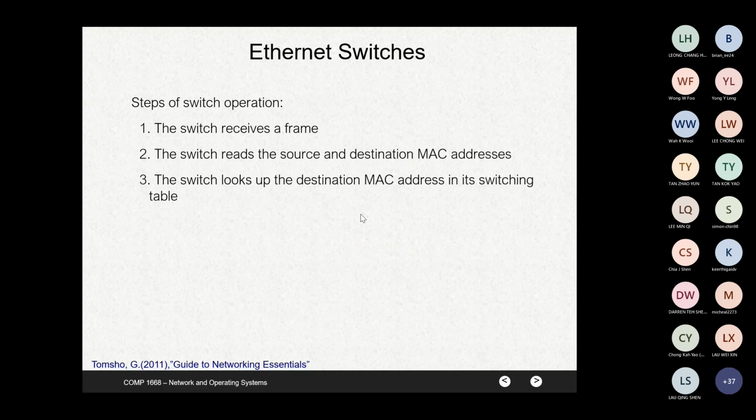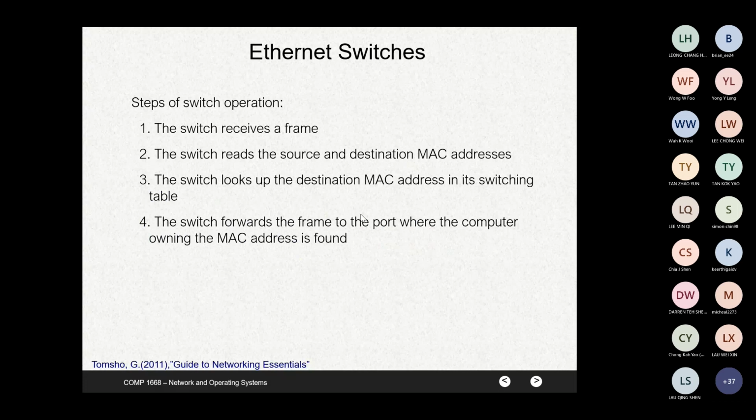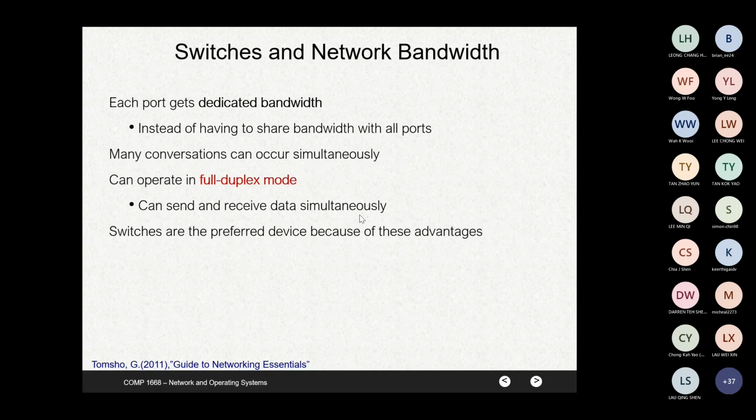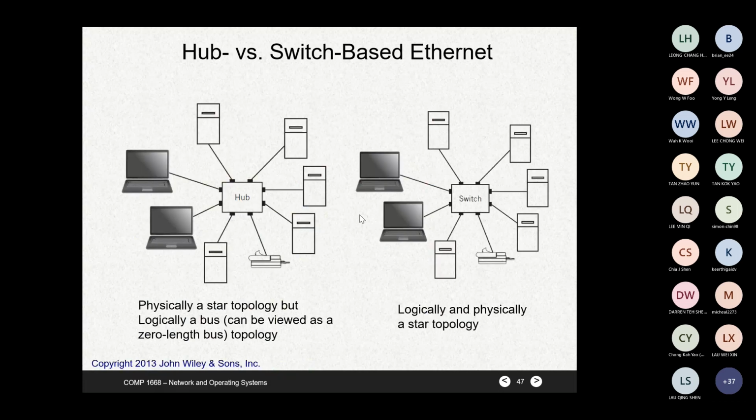Later we moved our discussion into switches, which are at layer 2 of the OSI, Open System Interconnection diagram based on ISO, International Standard Organization. Switches and network bandwidth. Switches, as you know, work at full duplex, two ways.